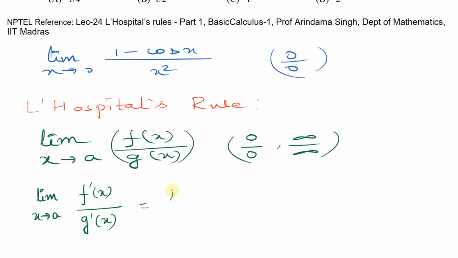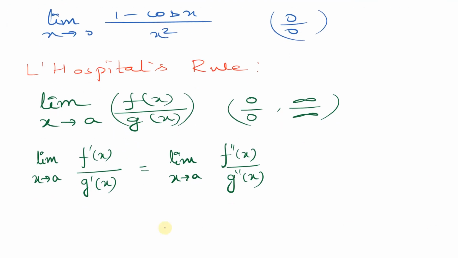So we can write limit x tends to a of f double dash of x upon g double dash of x. And we can keep differentiating if we still have the indeterminate form 0 by 0 or infinity by infinity. Now let's use this L'Hopital's rule to solve our problem.